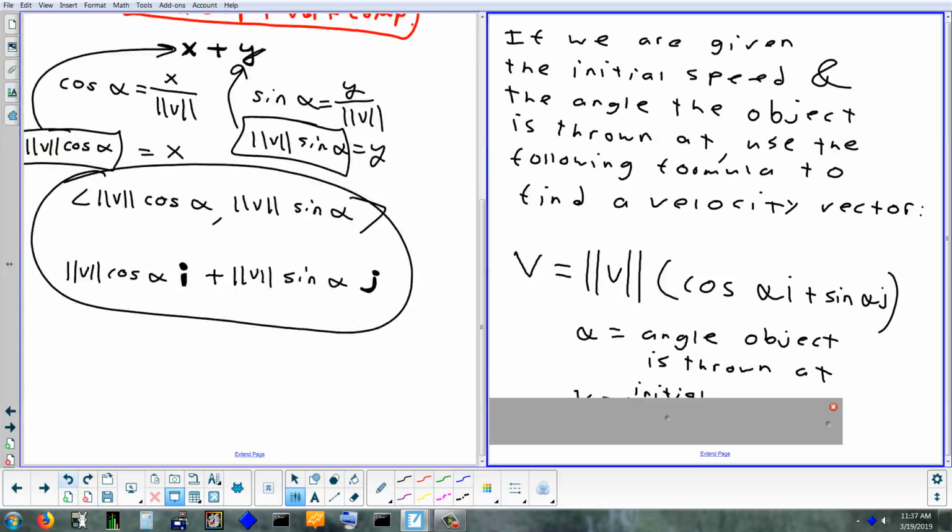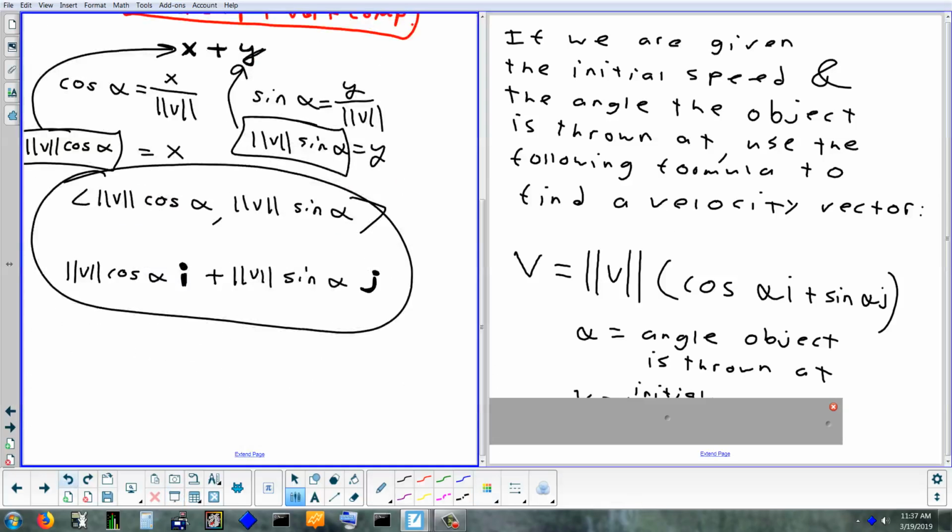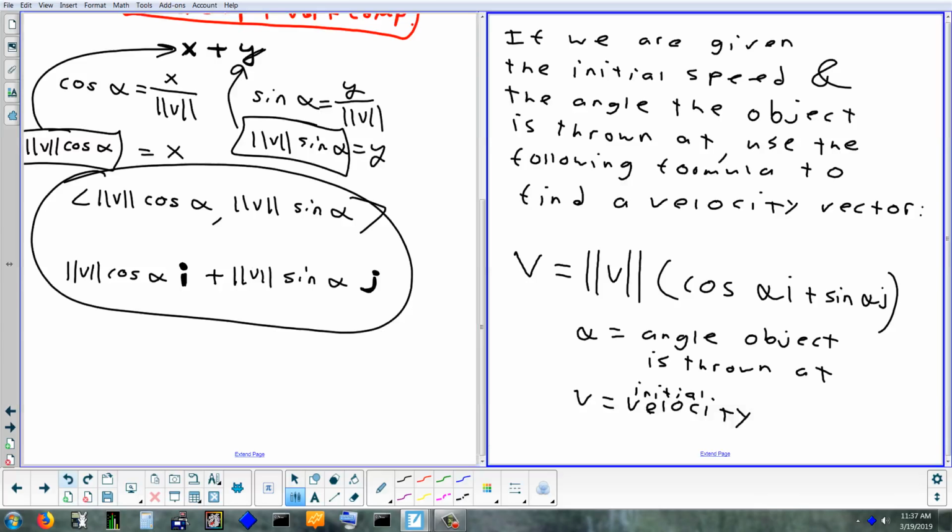Usually you're going to end up distributing it out in the problem. That's why I usually just write it this way. Okay, so any questions on the formula?